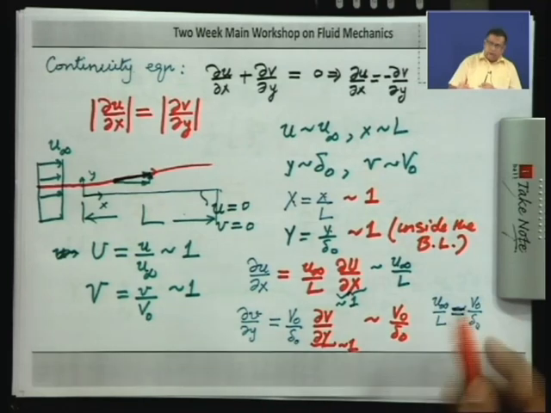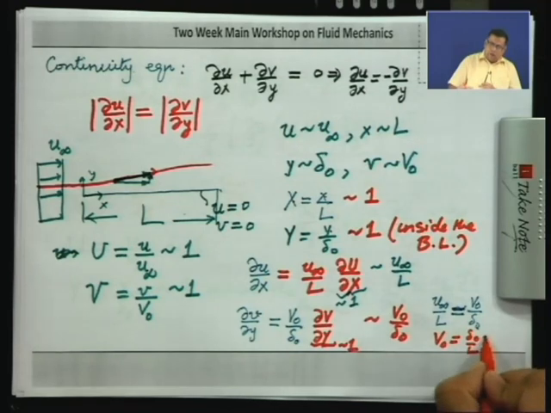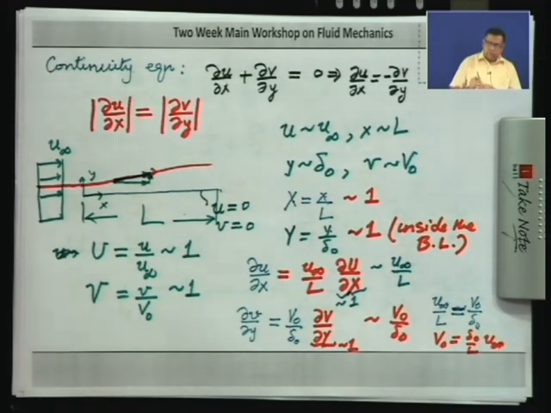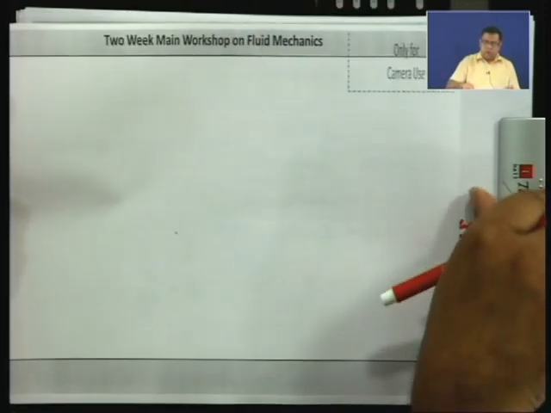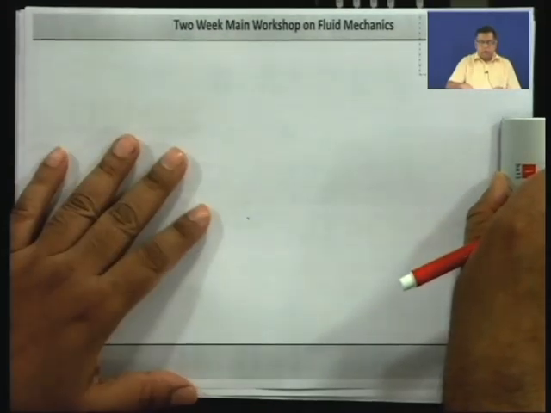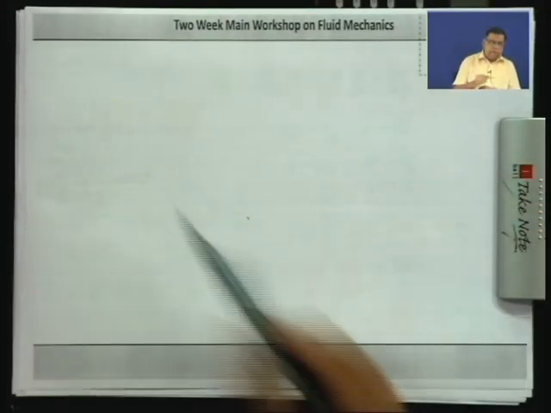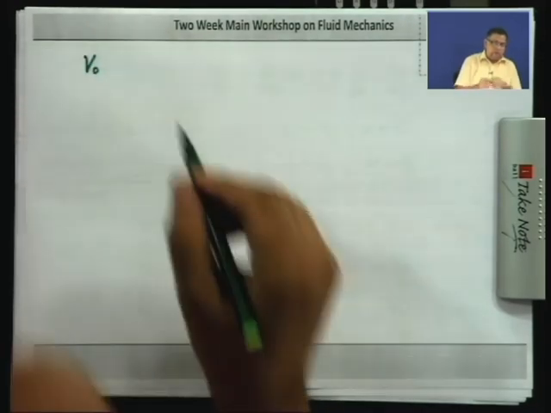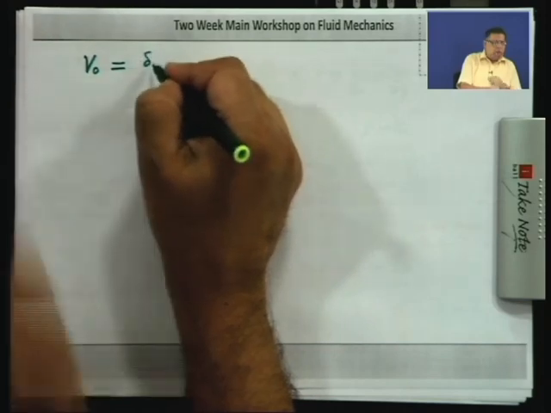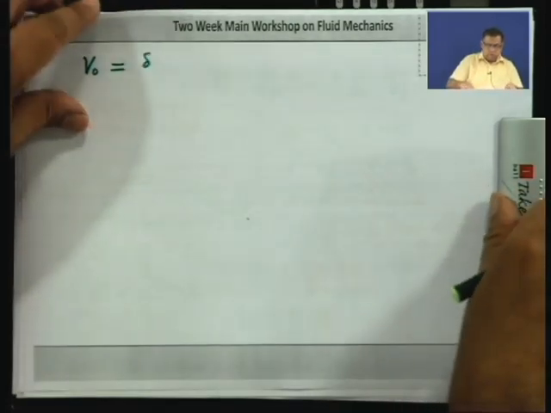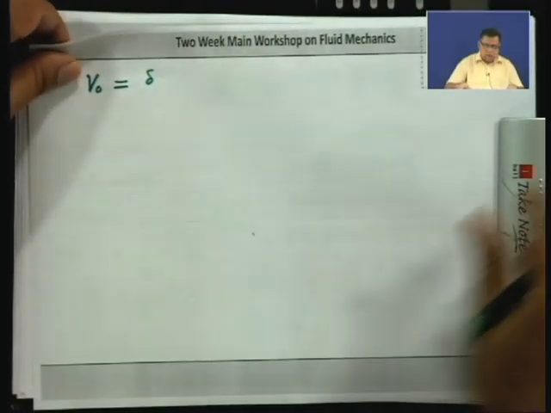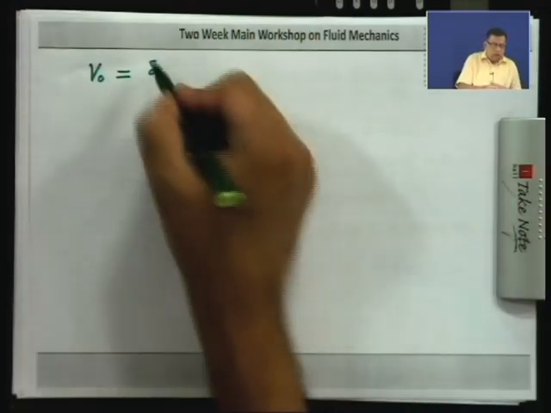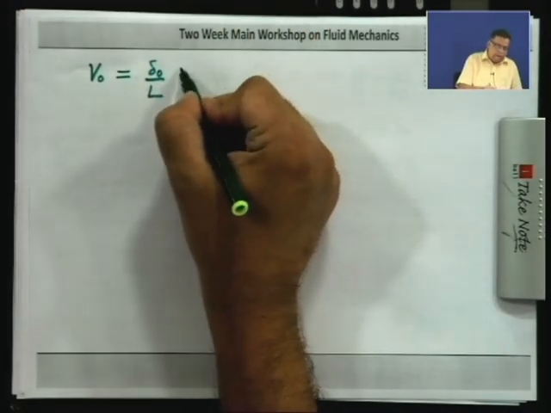The relation is that v naught is delta naught by L into u infinity. So, let me write that expression again, v naught equal to delta naught by L times u infinity.